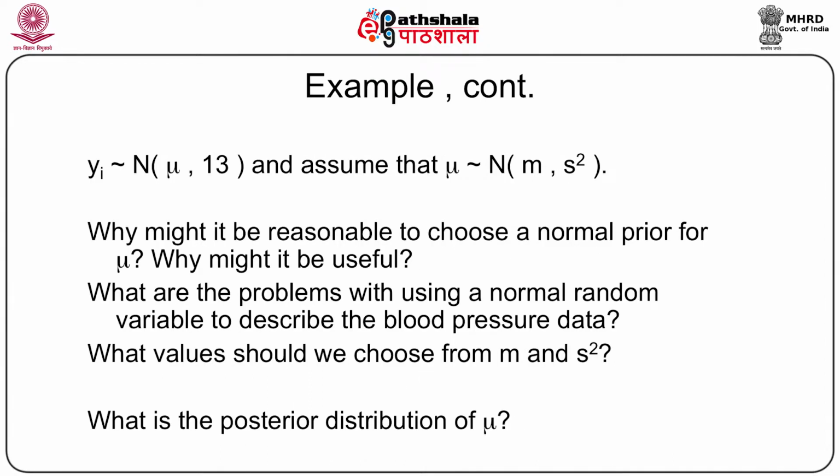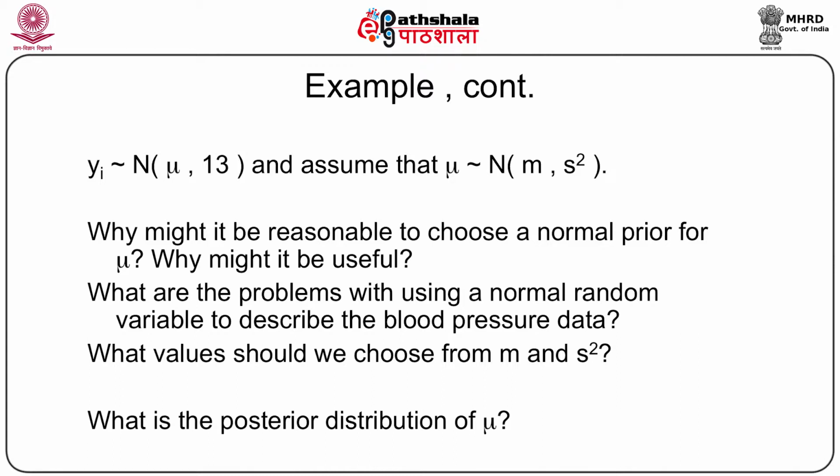Let mu denote the average blood pressure of the group, that is, the true blood pressure. So clearly the data is now yi, and for each patient i from 1 to n, yi is normal with mean mu and variance 13. Sorry, standard deviation is 13.